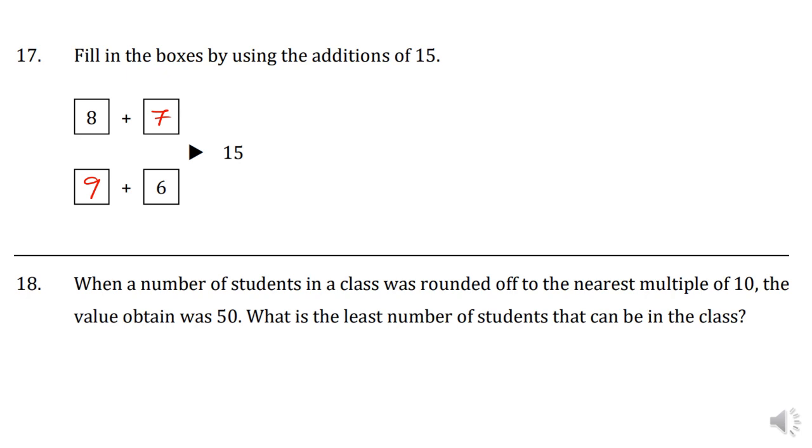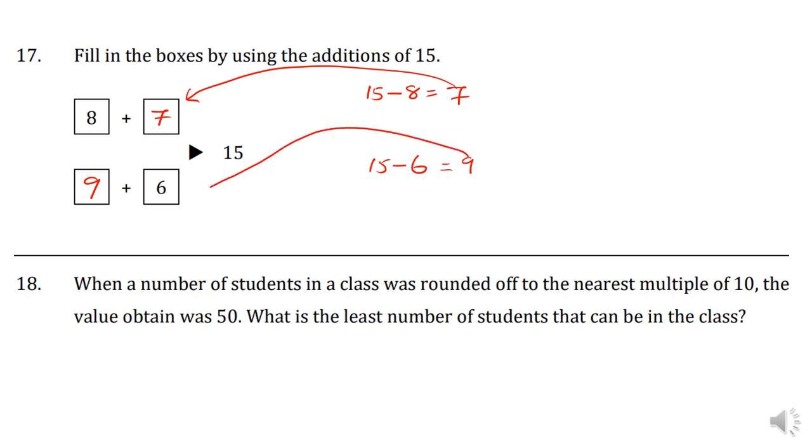If you can't just write this answer at once, you can think like this: 15 minus 8 is 7. So that's why we write 7 here. And 15 minus 6 is 9. So that's why we wrote 9 here. Fine.